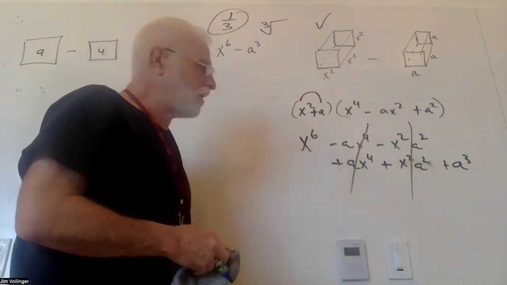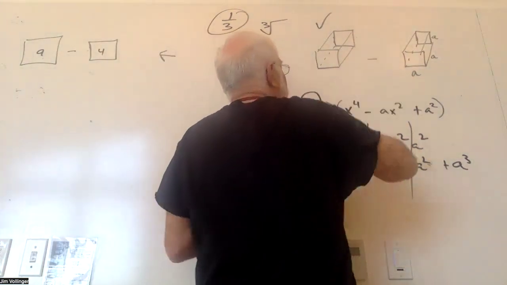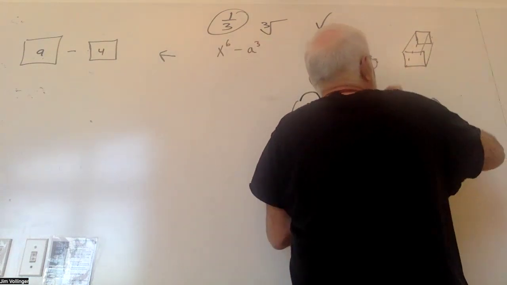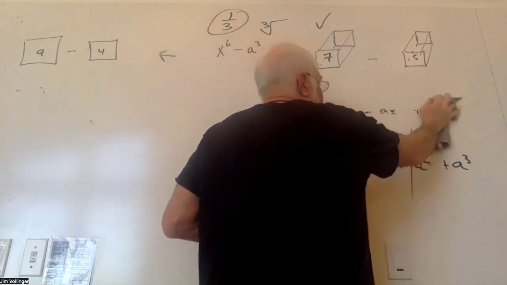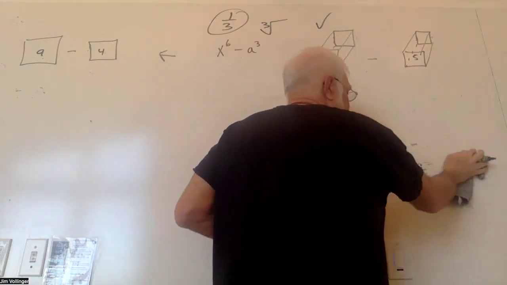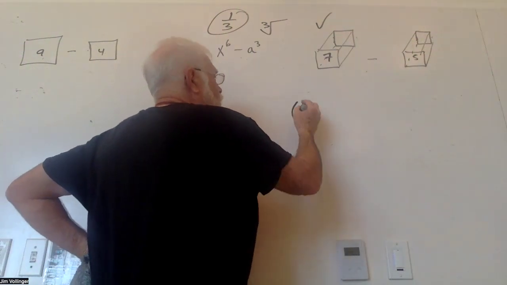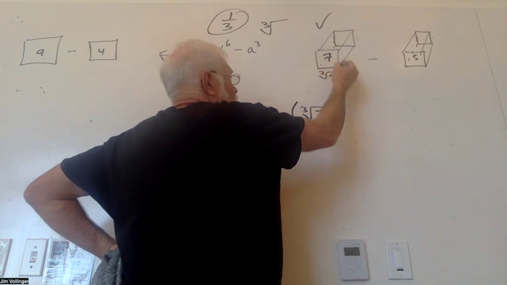Any subtraction can also be written this way. Is there any reason that I can't just put a 7 in here? And is there any reason I can't put a 5 in here? 5 units of volume, 7 units of volume. I think I can. And if I did, I do believe this will work. And I'm not going to check. So I've got the cube root of 7, it's cube root, right?